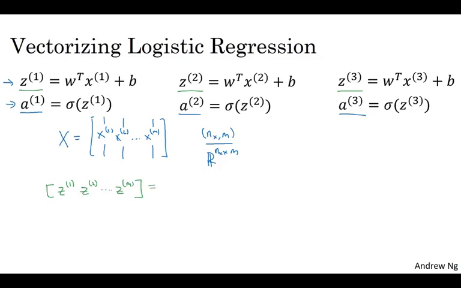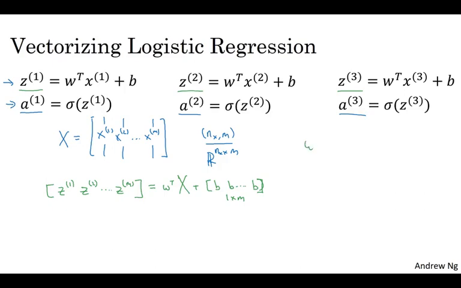It turns out that this can be expressed as W transpose times the capital matrix X, plus a vector b, b, and so on, b, which is a 1 by m vector, or in other words, an m-dimensional row vector.